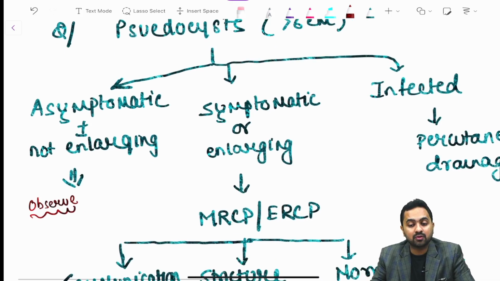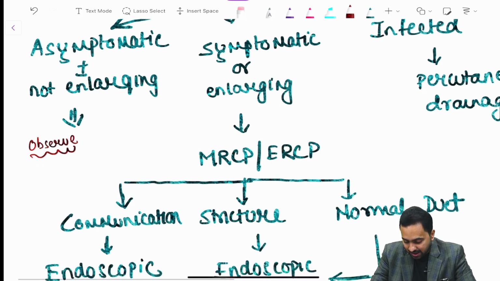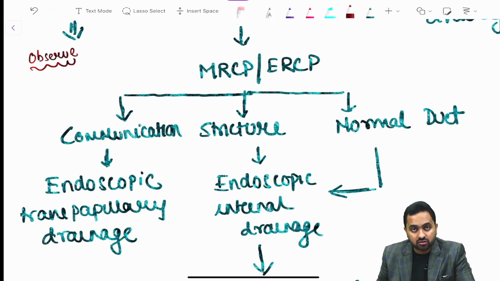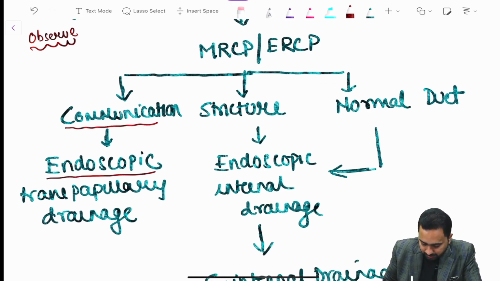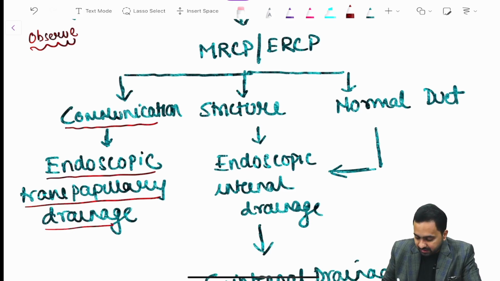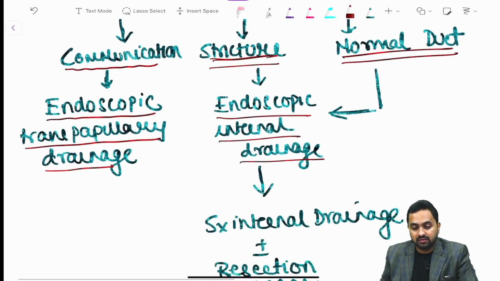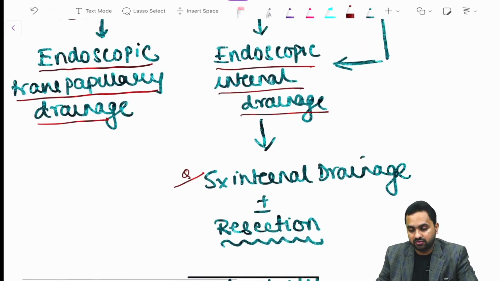Whereas if it is symptomatic or enlarging, then we need to do MRCP or ERCP and see if there is a communication with the duct or any stricture or if the duct is normal. In case of a communication, you would need to do an endoscopic transpapillary drainage. In case of a stricture, or a normal duct, you would need endoscopic internal drainage. Now, if this fails, then we go for surgical internal drainage or resection, right.